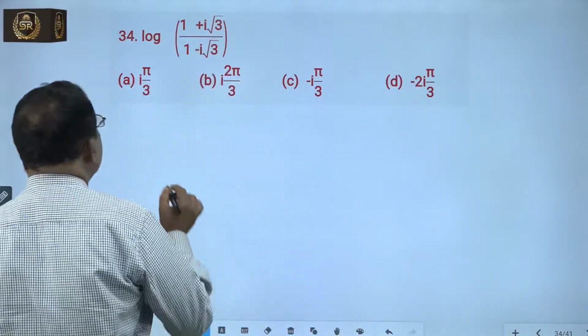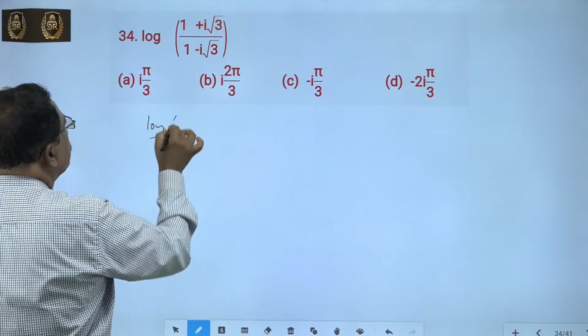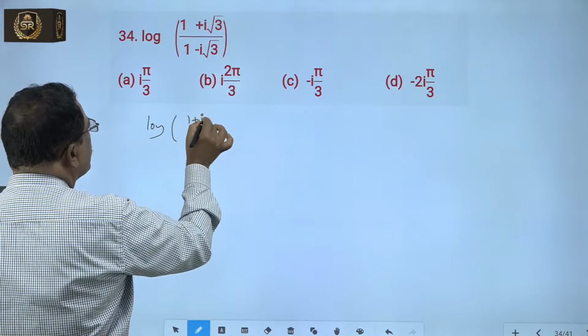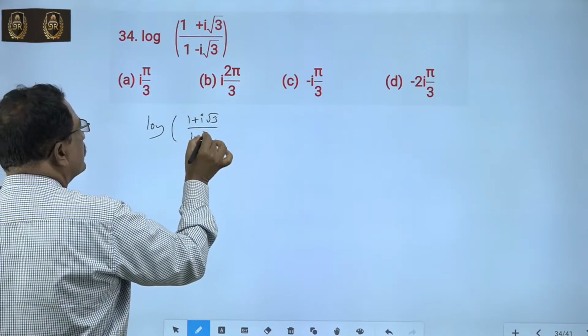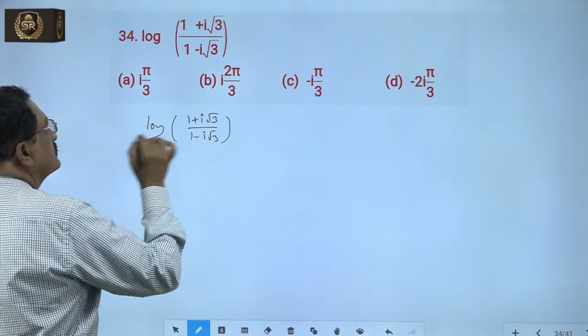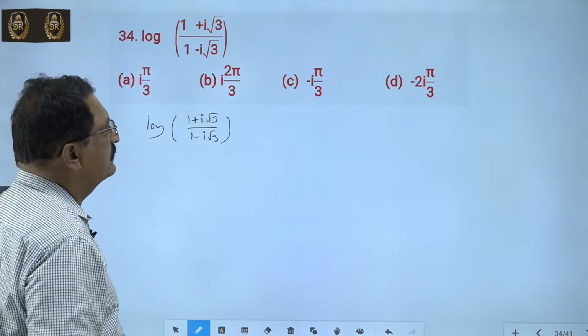Next, log of (1 plus i root 3) by (1 minus i root 3) equals to, given options i pi by 3, i 2 pi by 3, and so on.